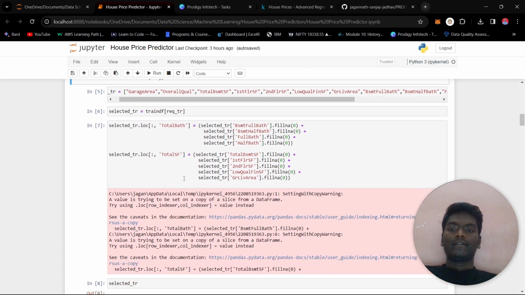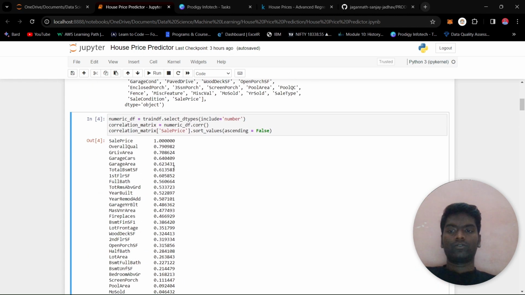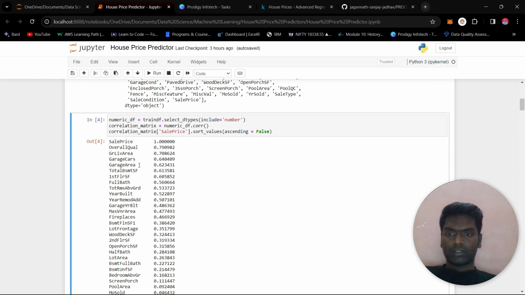In the same way I calculated all the square footage: first floor square footage, second floor square footage, total basement square footage, and all the square footage I needed to calculate. I kept garage area aside from the total square footage. There was a reason for it: garage area alone was holding a good correlation.